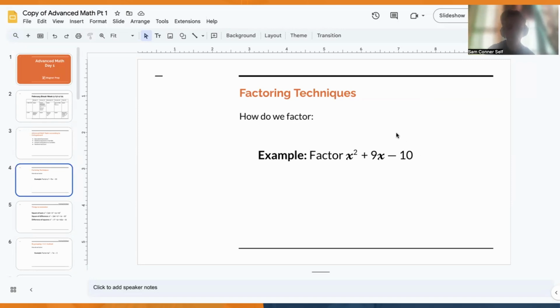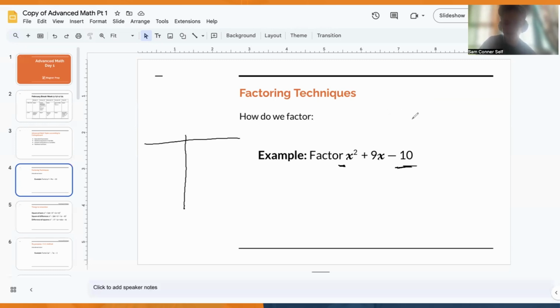So starting off with this question, they want us to factor x squared plus 9x minus 10. And so when I see a factoring question, there are many different ways to go about factoring, but the way that I like to do it is I'm going to look at A and then C. And because A is 1, we can kind of disregard that.